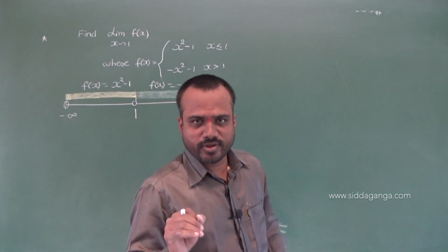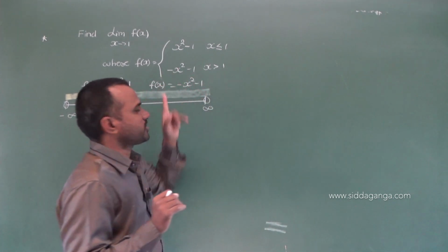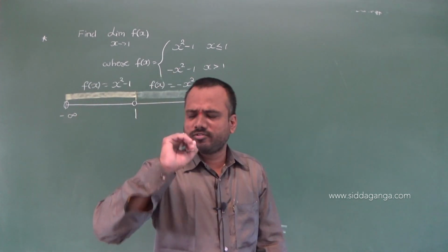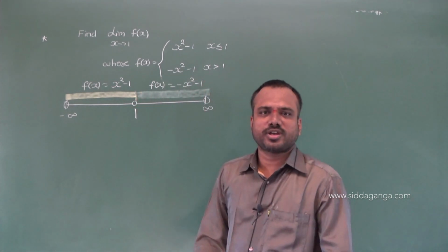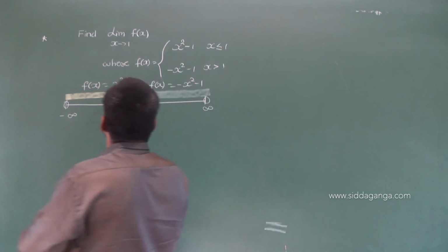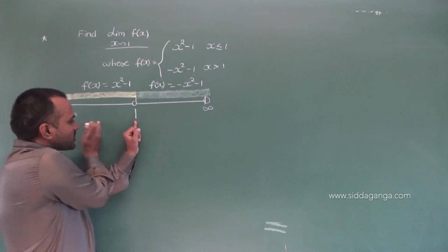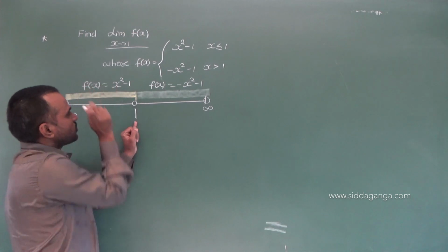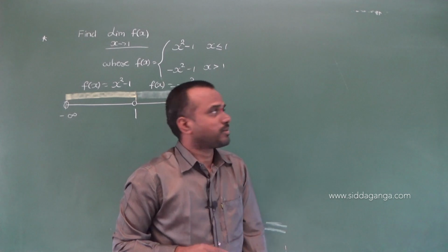If you use the domain greater than 1, at that time we use the function minus x square minus 1. If we use the domain x less than or equal to 1, at that time we use the function x square minus 1. So what we are finding here is limit x tends to 1 of f of x. For left side approaching, the function is x square minus 1. For right side approaching, the function is minus x square minus 1.